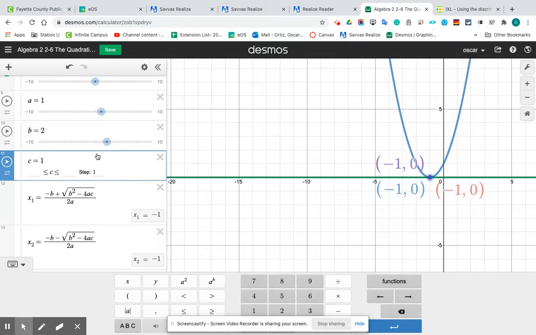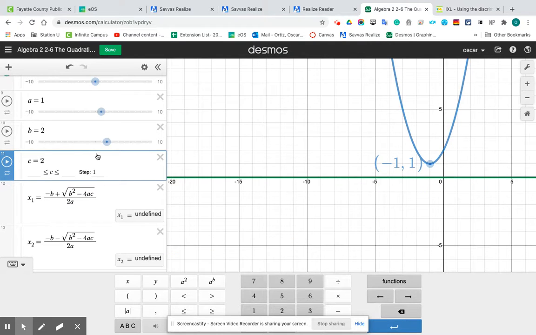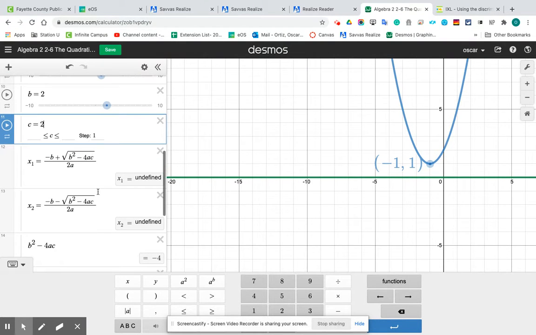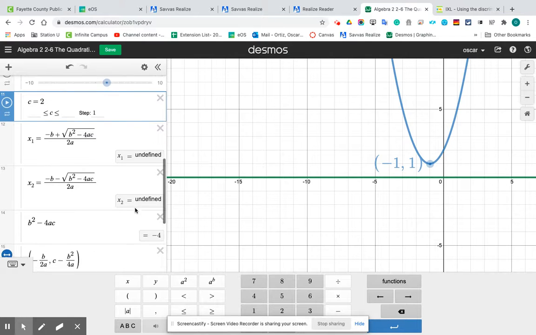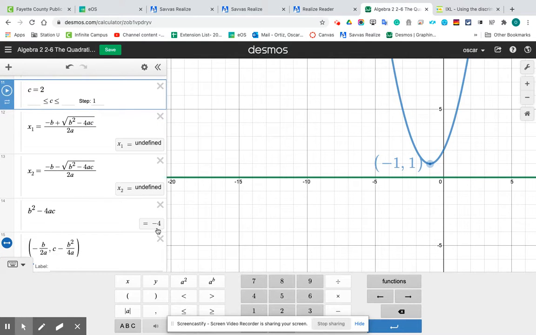And if we keep moving that parabola upwards, let's say this number here is 2, now we see that the parabola does not intersect the x-axis. So the solutions to that equation will be non-real. I want you to notice that the radicand, that means the quantity under the radical, the b squared minus 4ac, in this particular case is negative.